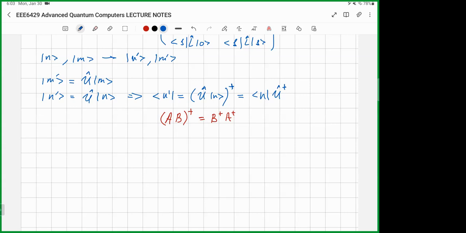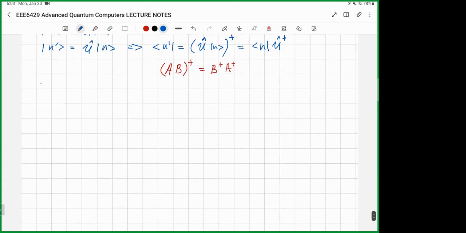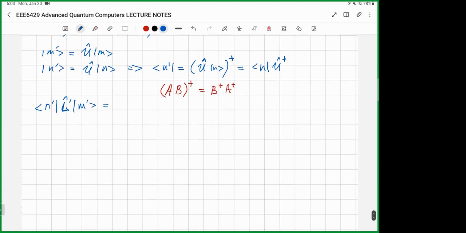Okay, so now let's write the matrix element for the new operator. It is n prime, then my operator L in the new basis, and vector m prime. And it's equal to what?